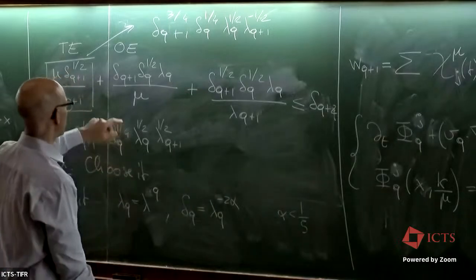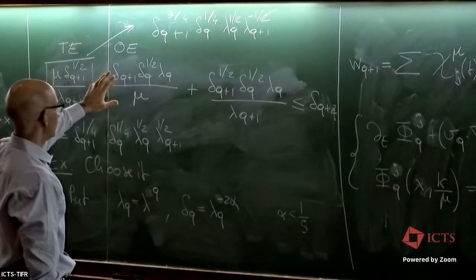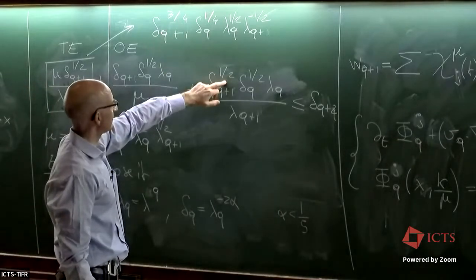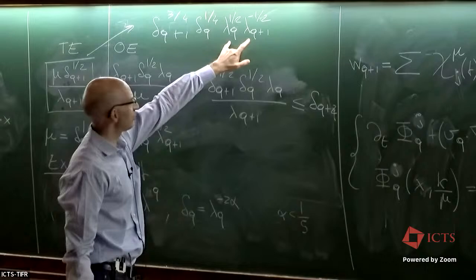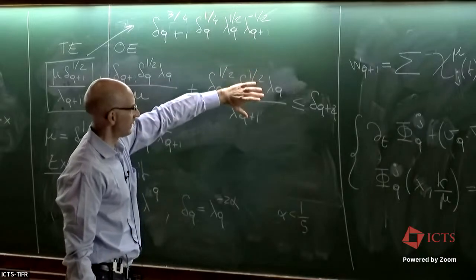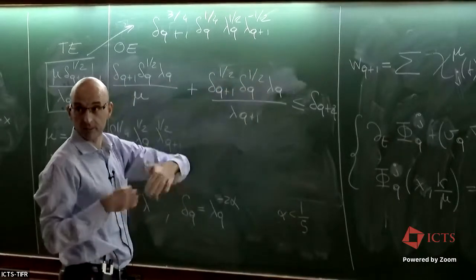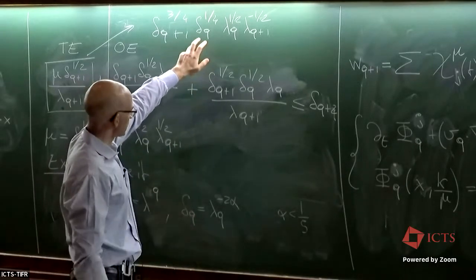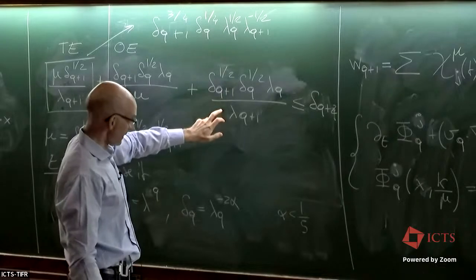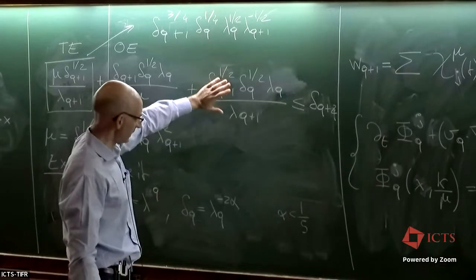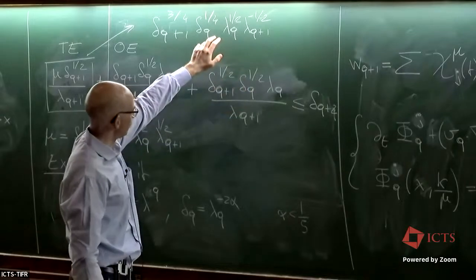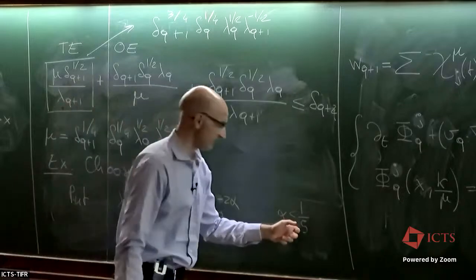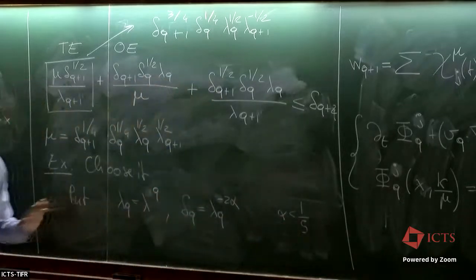And you should sort of see somewhat, okay, it's not completely clear, right? I mean, because this one gets a little bit better than that guy, but this one got much worse, right? Because lambda q divided by lambda q plus 1 is supposed to be kind of very large. So you should see by our considerations that this guy is actually larger than this guy. So really, this one doesn't matter, and what you actually have to ensure is that this guy is less or equal than delta q plus 2, and if you do the exercise, you get to alpha equal 1 over 5, which I'm not going to do.